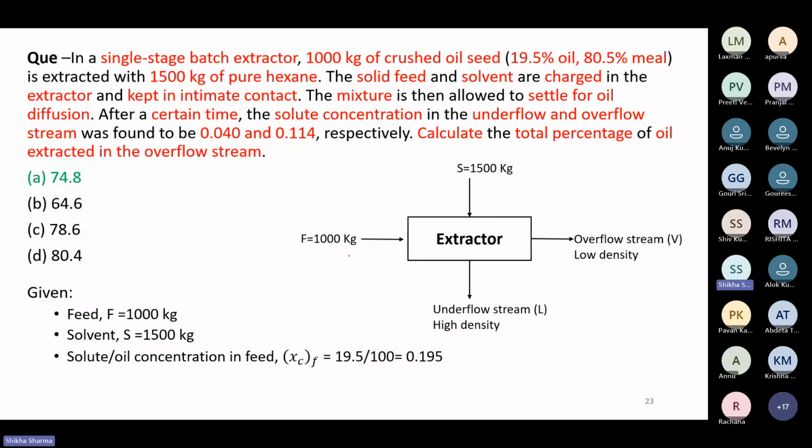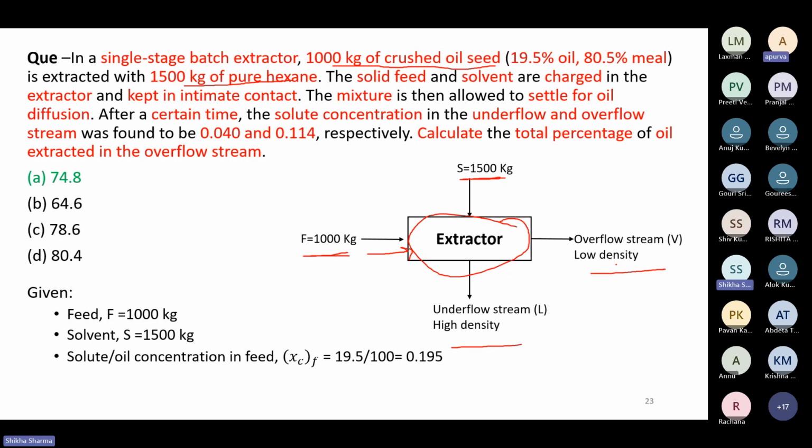We are giving some feed, right? The crushed oil seed feed as 1000 kg. So we are giving it to the extractor, a single stage batch extractor. And then we have the pure hexane as the solvent S, which is 1500 kg pure hexane, right? And here the extractor is giving us the overflow stream, which is of low density.